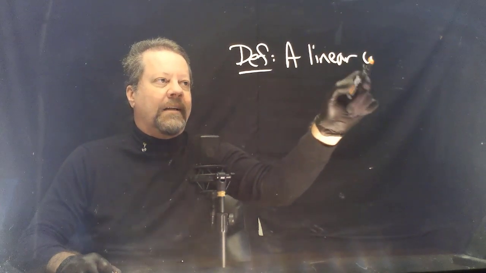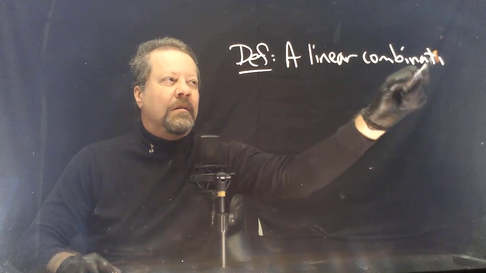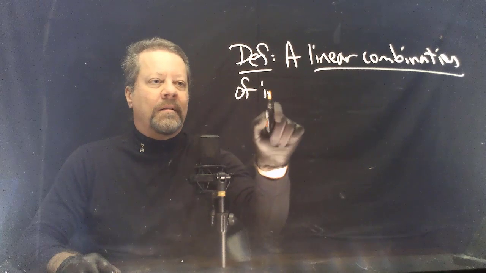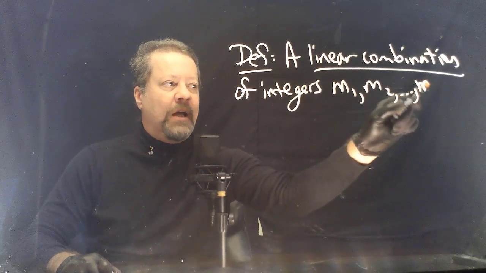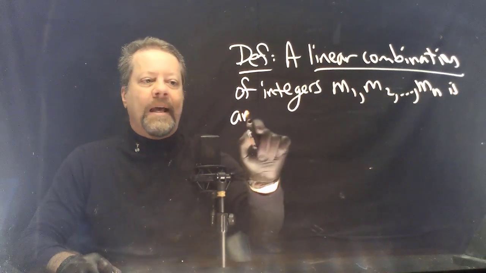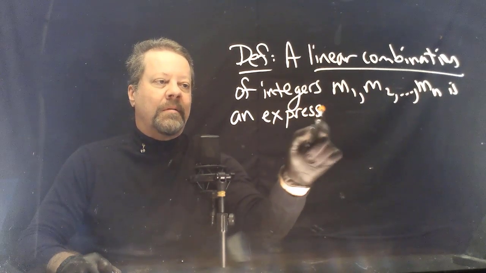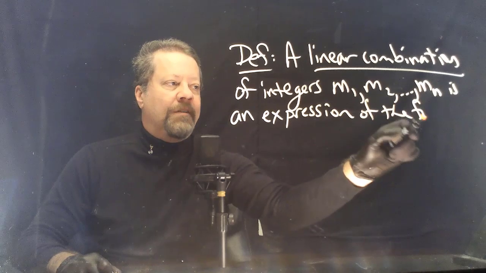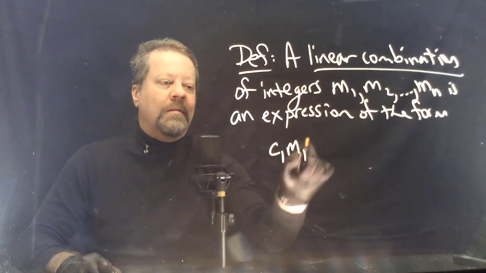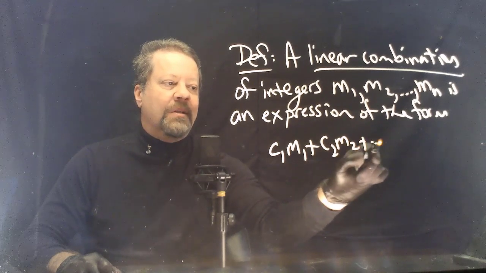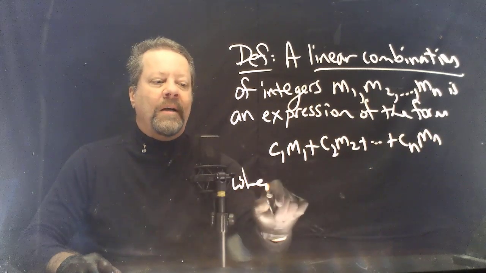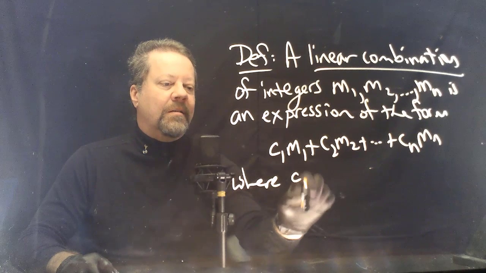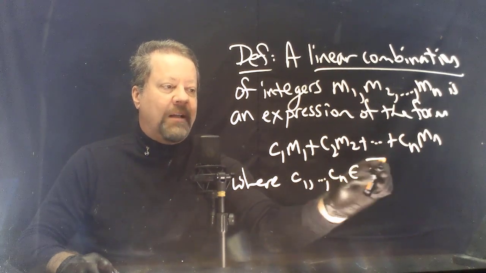Next, a linear combination of integers m1, m2 through mn is an expression of the form c1m1 plus c2m2 plus ... plus cnmn, where each of these c sub k's will be integers.